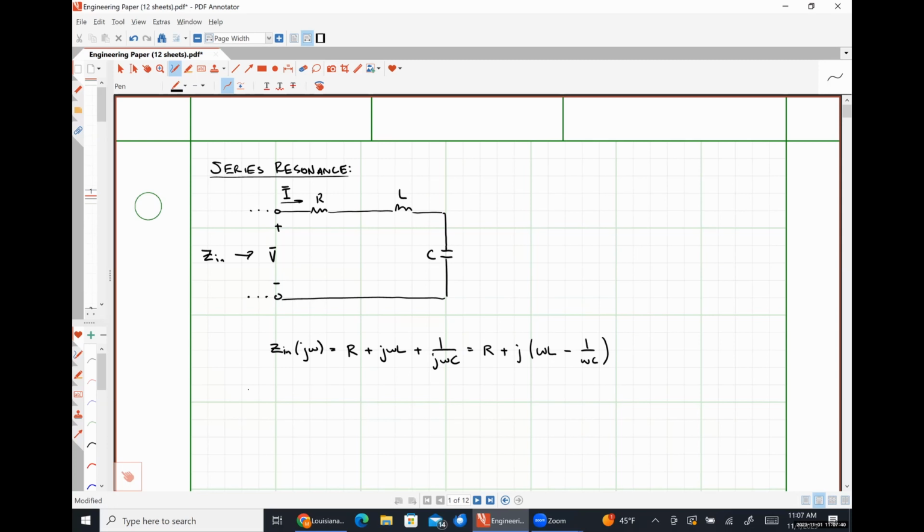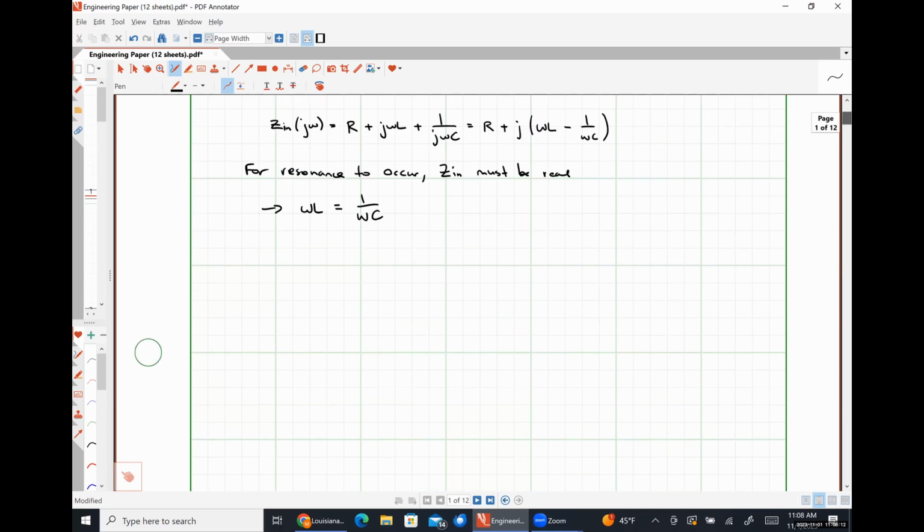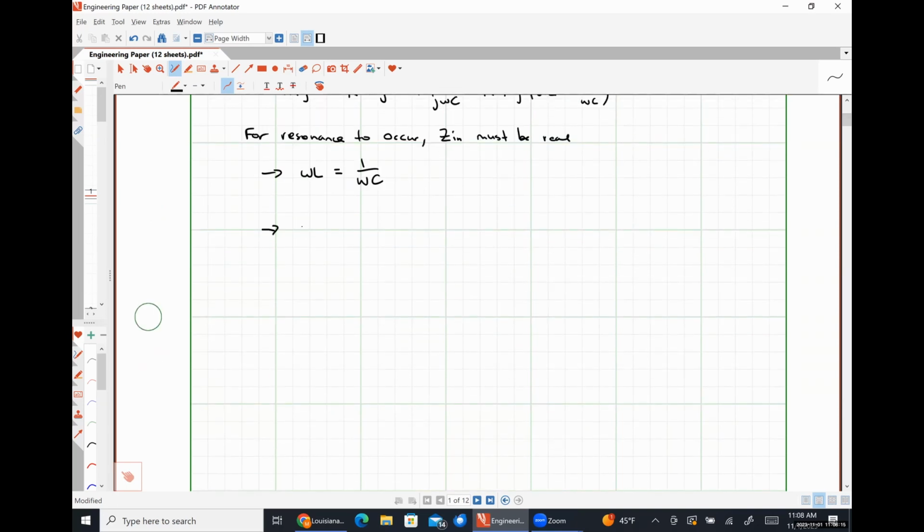So for resonance to occur, Zin must be real, which implies omega L has to be equal to 1 over omega C. And we can do a trivial amount of algebra to see then that resonance will occur at a frequency of omega equal to the square root of 1 over LC.